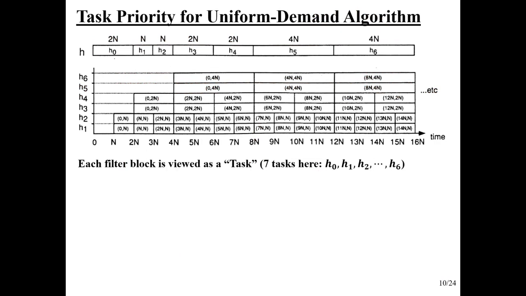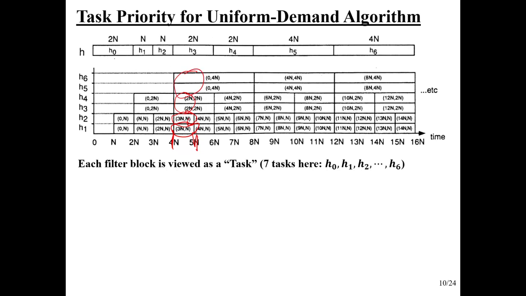So let's talk about the priority of our tasks. You'll notice that as we move further into the algorithm, we've got more and more things that have to be going on kind of at the same time. So, looking here during 4n to 5n, we need to be doing this one and parts of those two and parts of those two.